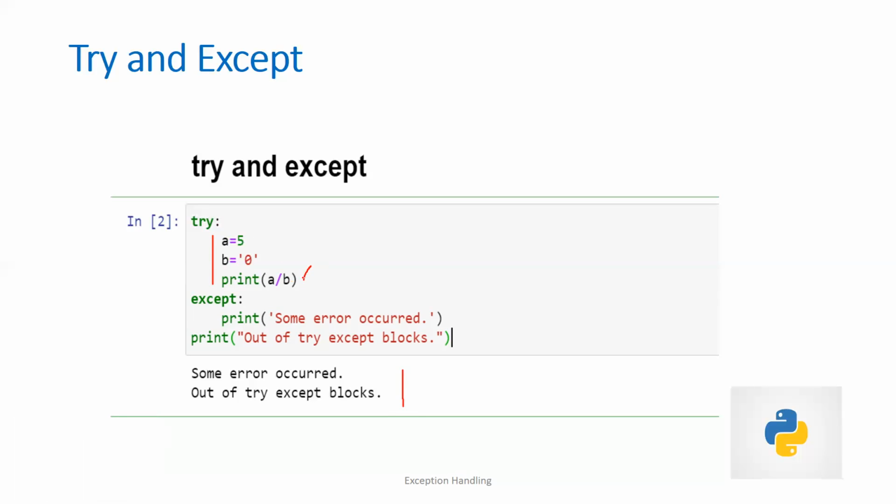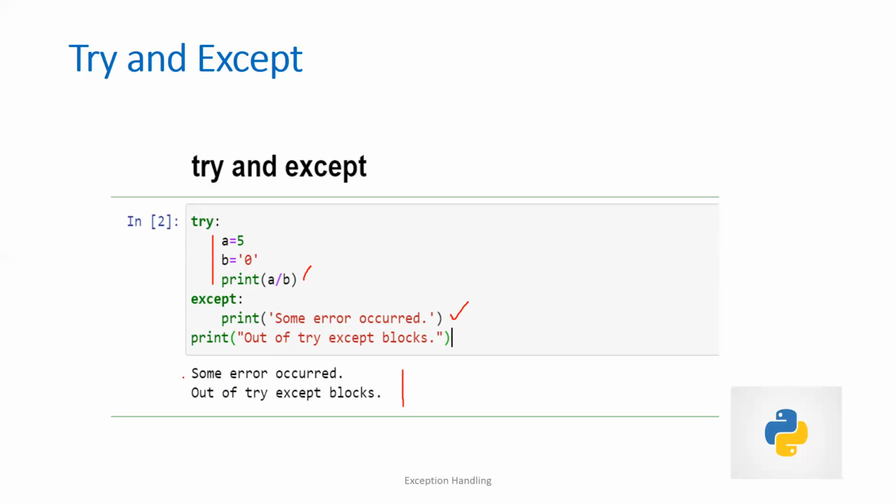I did not want this, so I handle this by writing this exception. Now my program shows that some error occurred. Only this line will be executed, and after that all the other lines are executed nicely. That means the print statement is executed outside of the try except blocks.